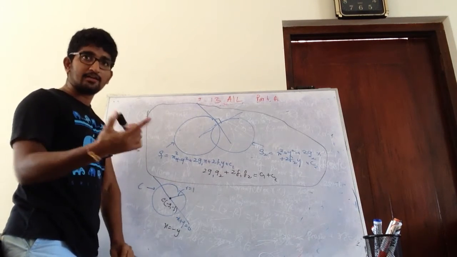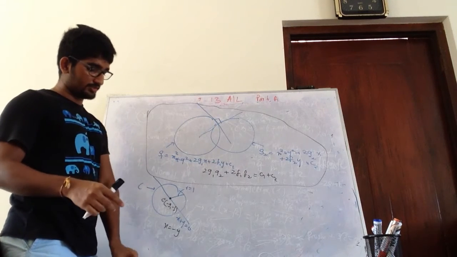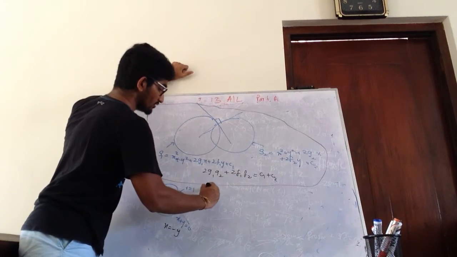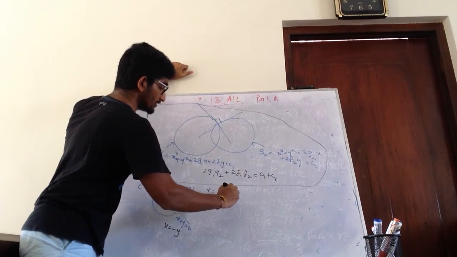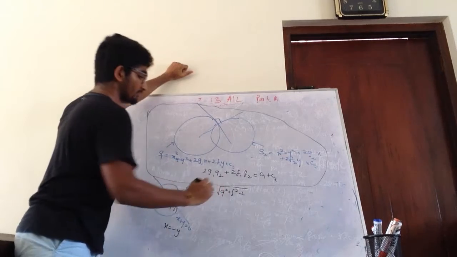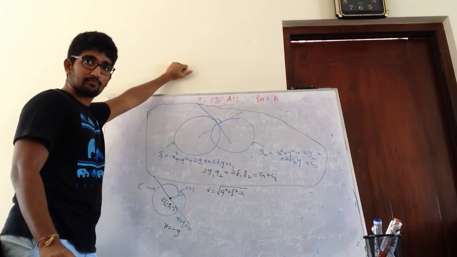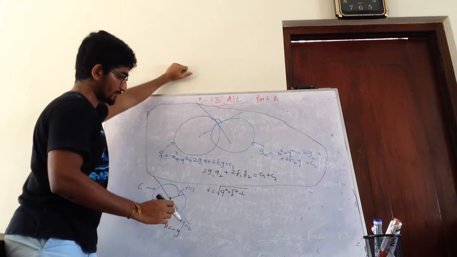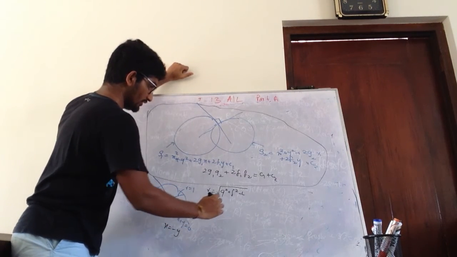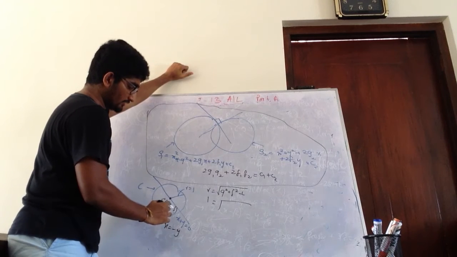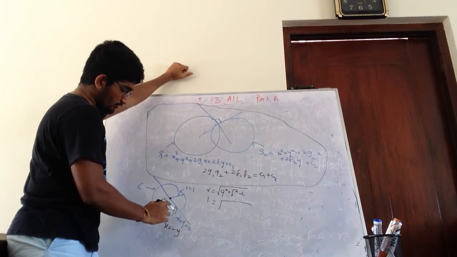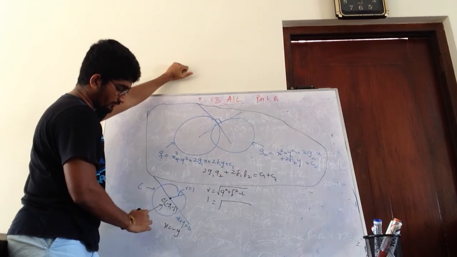The next method is pretty easy as well. So you also remember now r is what? g squared plus f squared minus c, correct? That is 1. So you can actually write this as, minus f will be g, no?